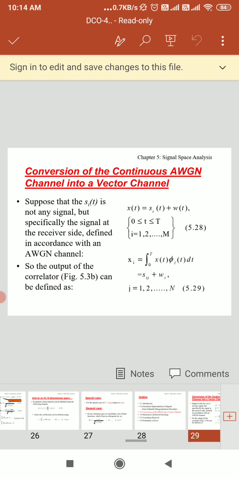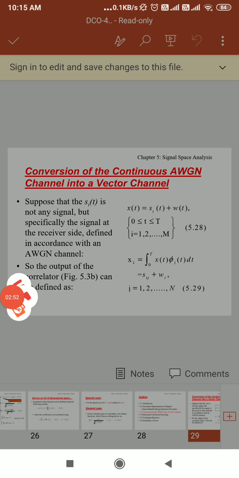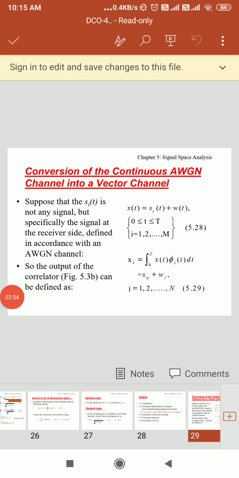Now we can move to our next topic, that is the conversion of the continuous additive white Gaussian noise channel into a vector channel. Here we can consider the signal as si of t.